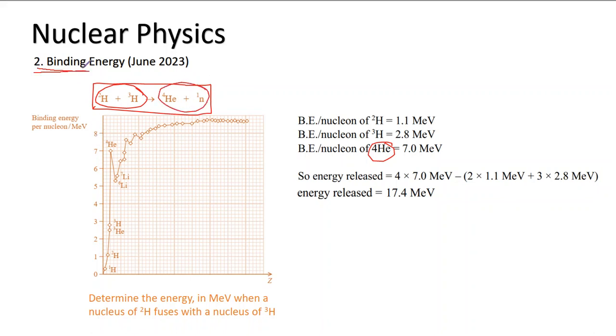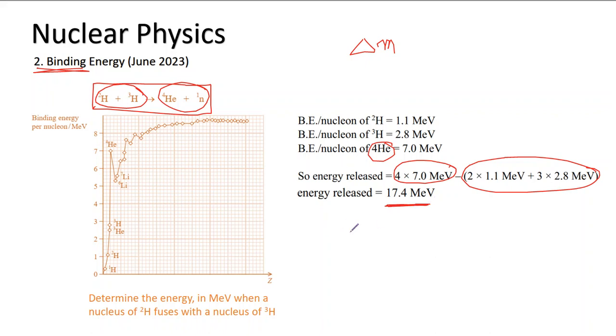So binding energy is always associated with del M, which is the mass defect. So this is the product and these are the reactants. When you subtract the energies corresponding to the mass defect, this is the energy released.